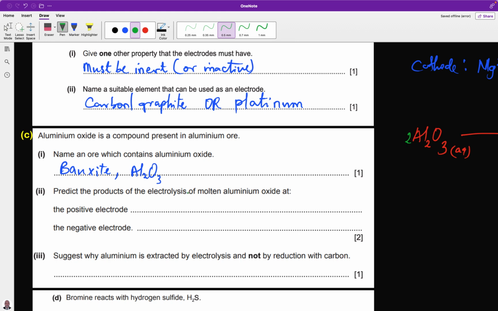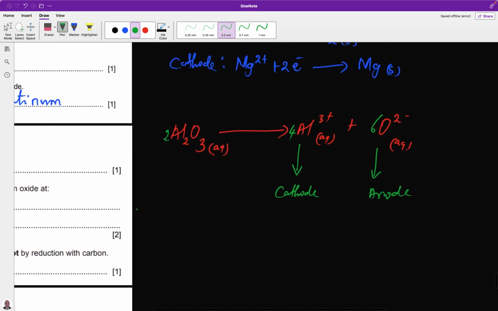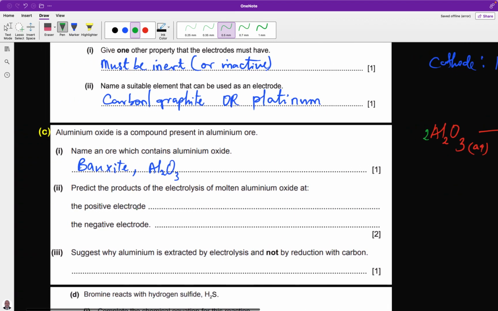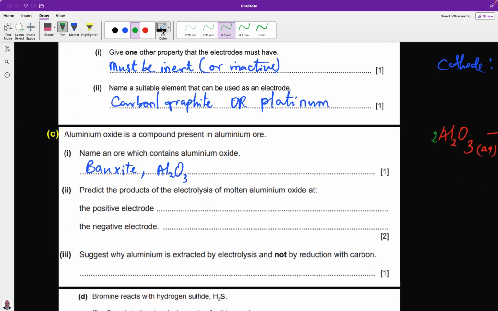So the product of electrolysis here at the anode will be oxygen. At the positive electrode, that is the anode, oxygen will be produced. Oxygen, that is O2.